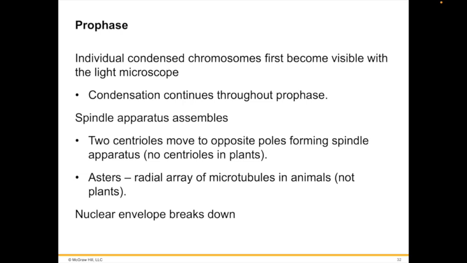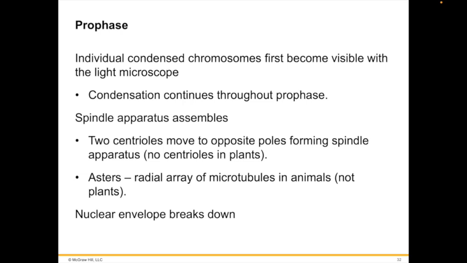The spindle apparatus that will later separate the sister chromatids forms during prophase. The spindle replaces the normal microtubule structure disassembled in the G2 phase.